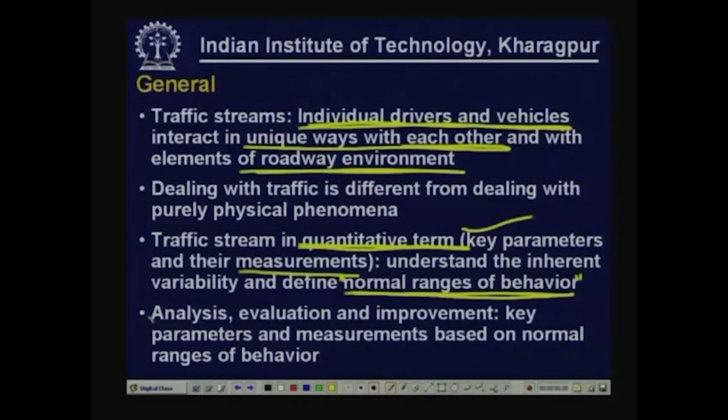For analysis, evaluation and also for justifying improvement, we need key parameters and their measurements based on normal ranges of behavior. Again and again, I would like to put emphasis on this particular aspect. We are talking about normal ranges of behavior.